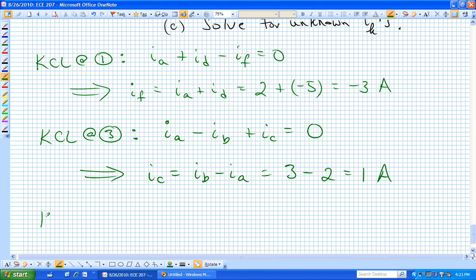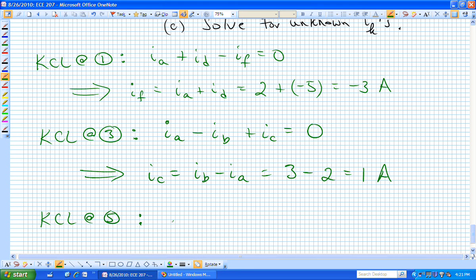Let's do KCL at node 5. At node 5, I'm going to cheat and not scroll back. I'm getting dizzy watching it scroll. I have my sheet in front of me. You have your notes in front of you. I'm assuming then that for KCL at node 5, the sum of the currents in is what we'll treat as positive.